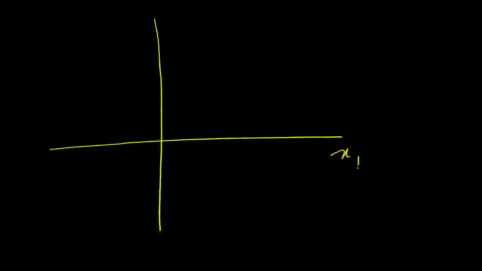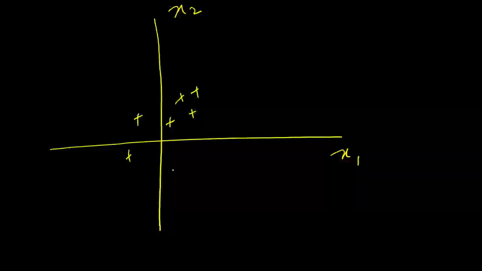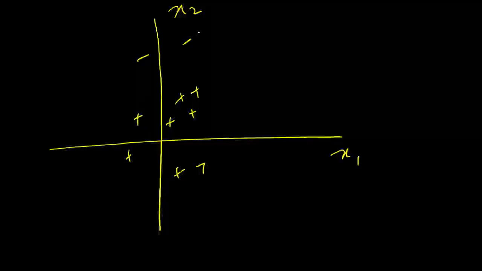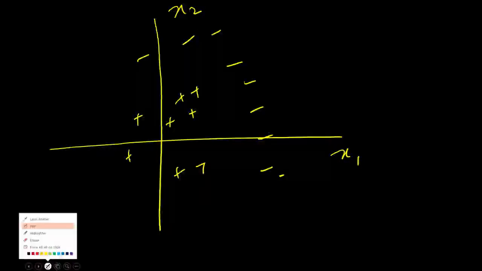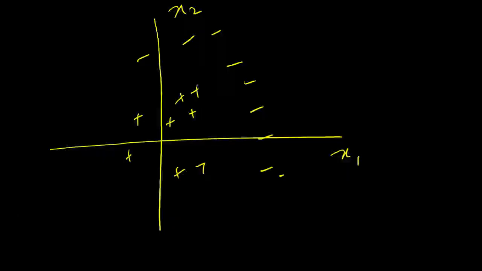So what you will actually have in the X1, X2 space, let's say you have a bunch of positive points and then you have a bunch of negative points, right? Let's say there are some points that are misclassified, some points that are noisy.